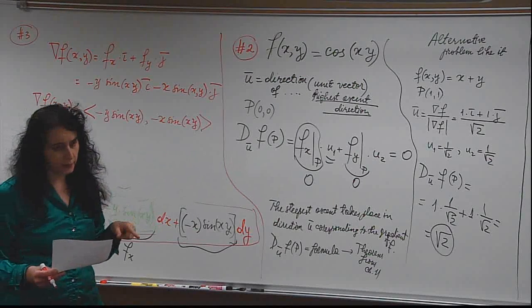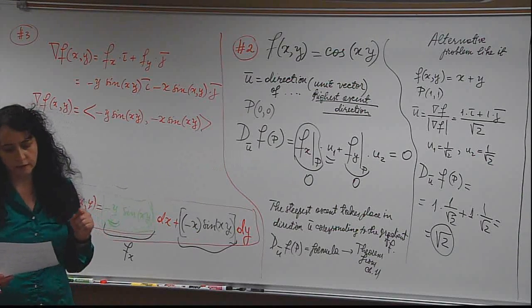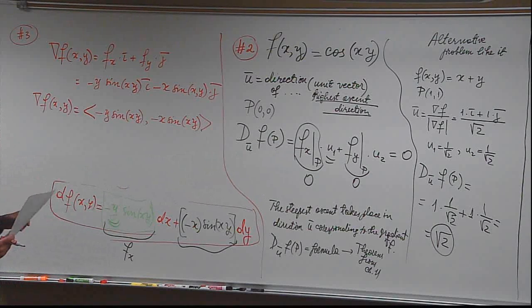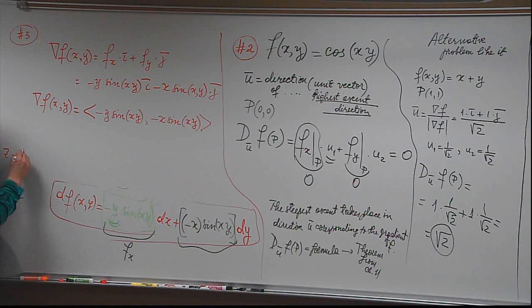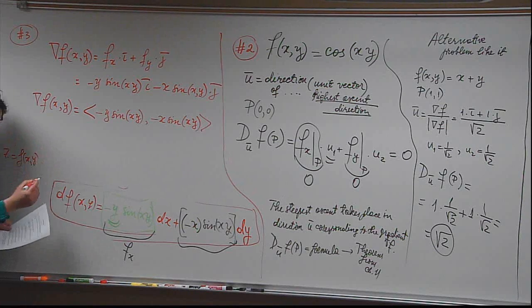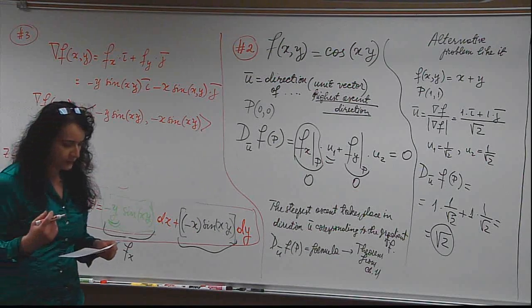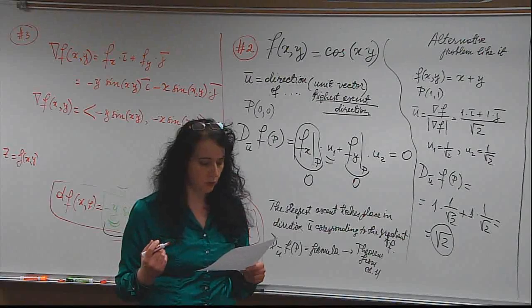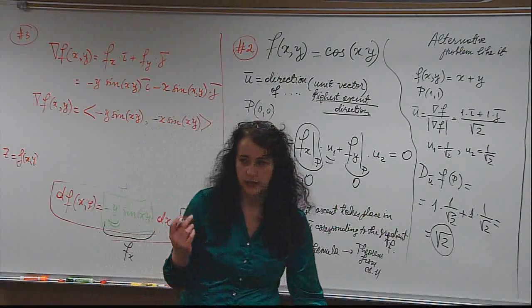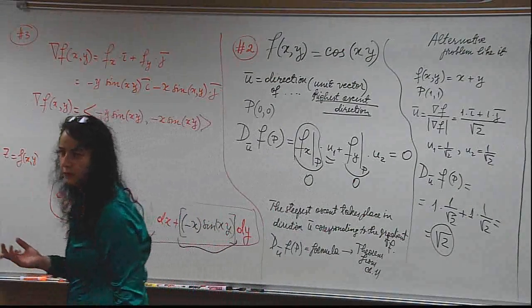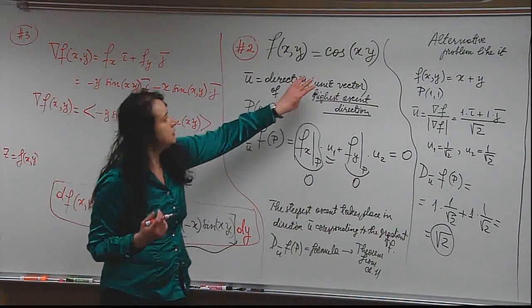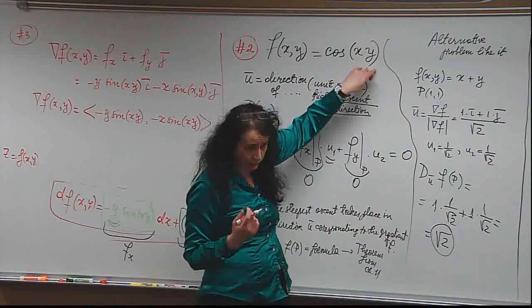Write, parenthesis, specify the equation of the tangent plane to the graph z equals f of x, y. That graph is going to be the graph of a surface, right? z equals f of x and y. They want the equation of the tangent plane to the graph at the point 0, 0, 1, which means I have to take x0 to be 0, y0 to be 0, and consequently z0 will be cosine of 0, which is 1.